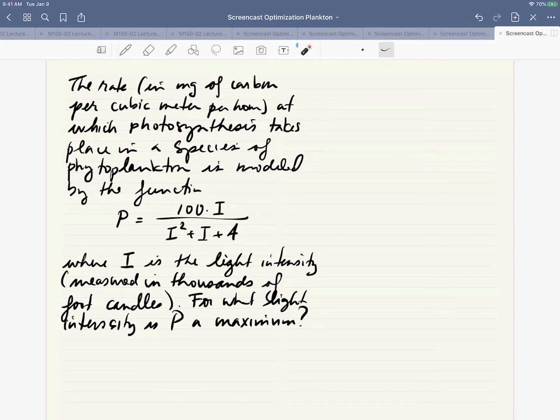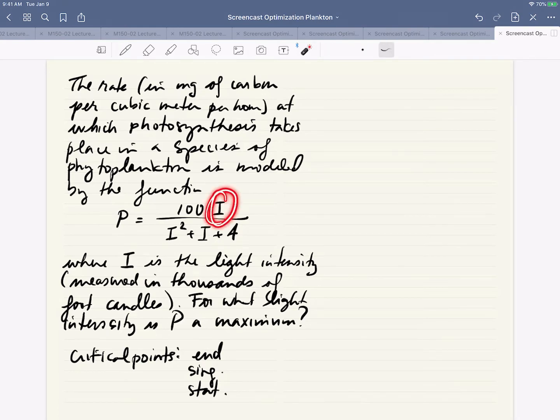We know from calculus that maxima occur at critical points, so let's look for critical points. Critical points come in 3 flavors: endpoints, singular points, and stationary points. Let's look at endpoints. These are endpoints of our independent variable.